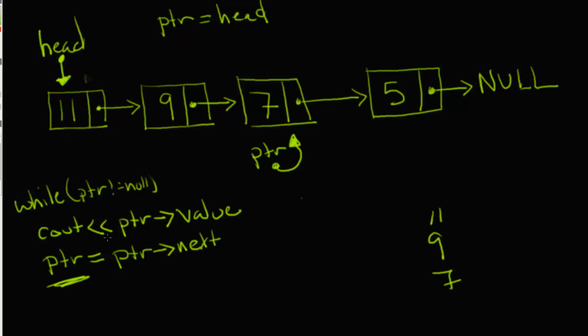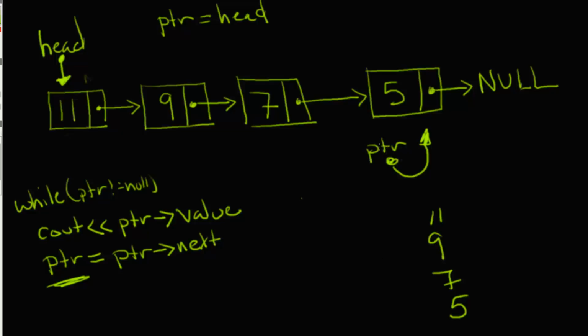Then I reassign ptr. And then ptr now is pointing to this. So then finally the loop runs one more time, 5.